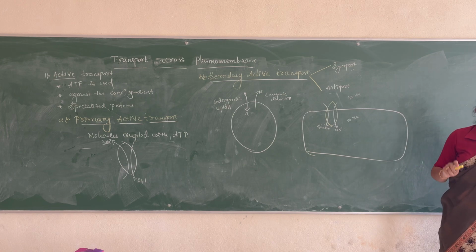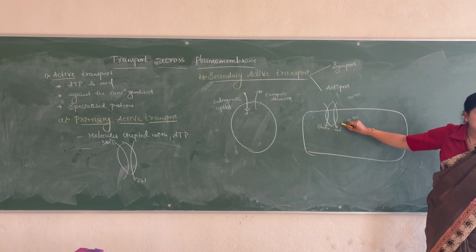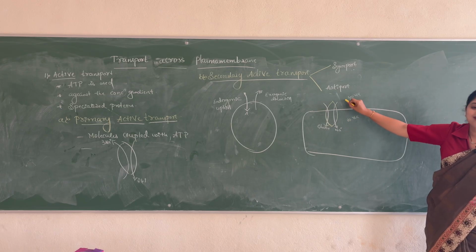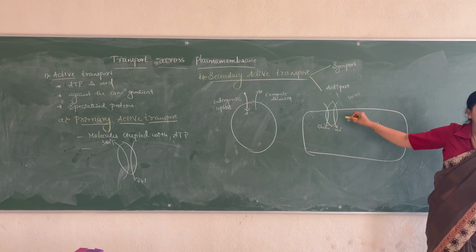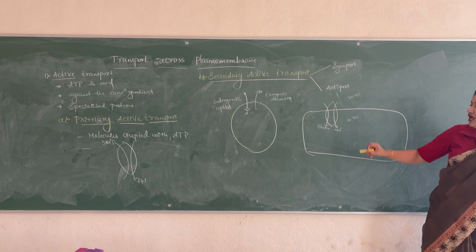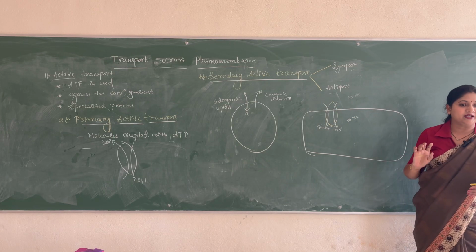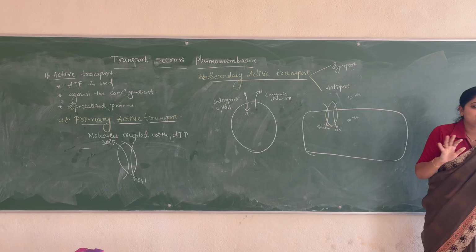So as a rule, the sodium has to move from the cytosol of the cytoplasm to the extracellular matrix. But this is active transport, happening against the concentration gradient. The glucose has to enter, the nutrient has to enter, but it cannot enter on its own.